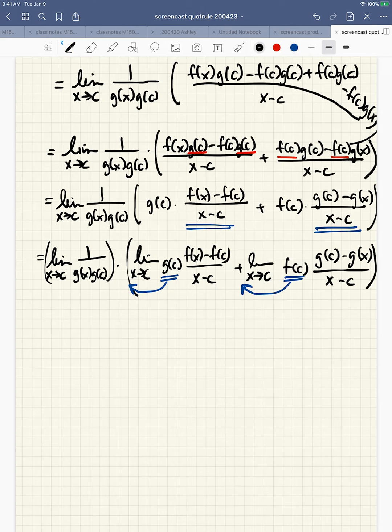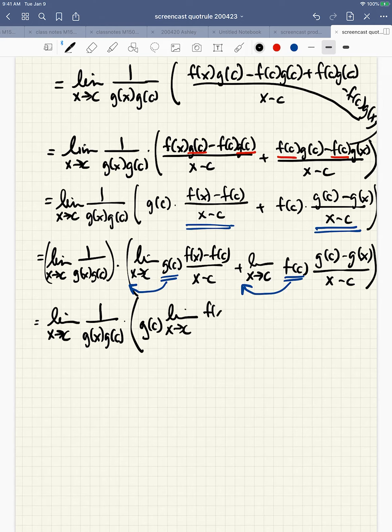Okay, so let me do that next. So I get g of c times the limit as x goes to c of f of x minus f of c over x minus c plus f of c times the limit as x goes to c.